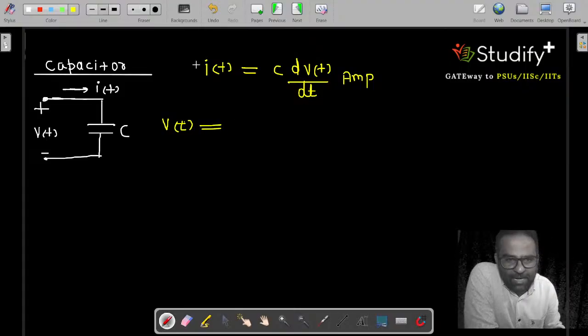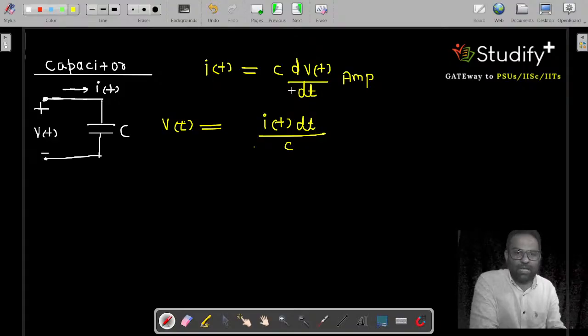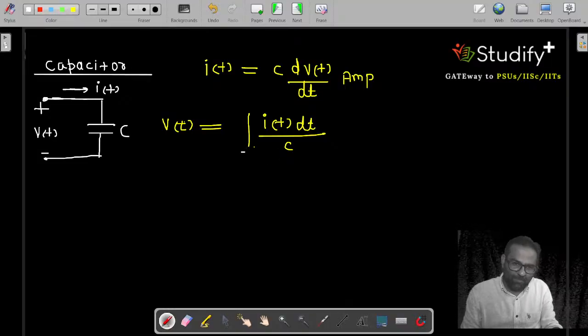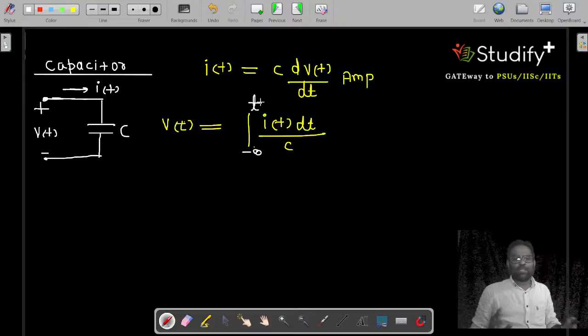Just multiply IT by dt, so it is IT into dt divided by C, and we are having differentiation here. So you can say this is one integral. And what is the limit of this integral? Minus infinity to t.